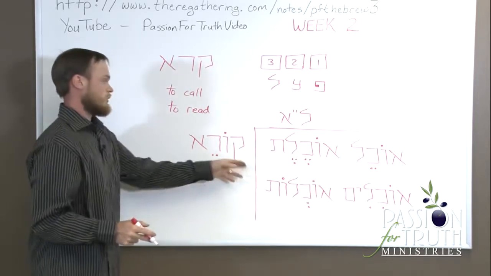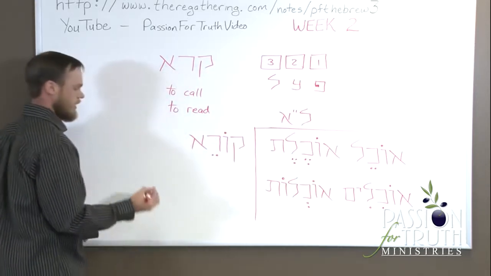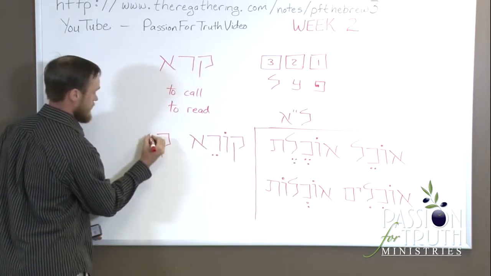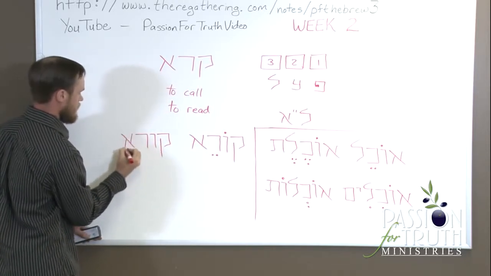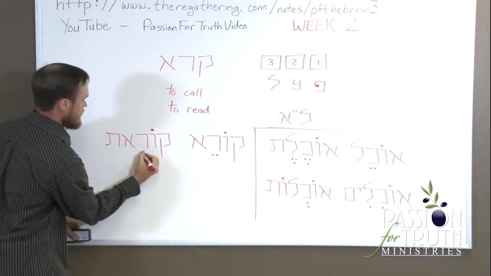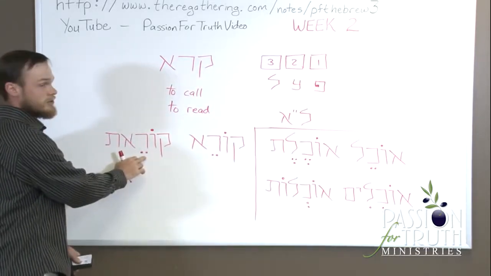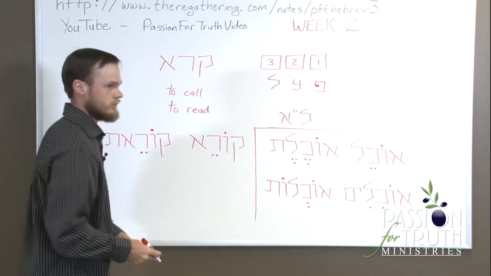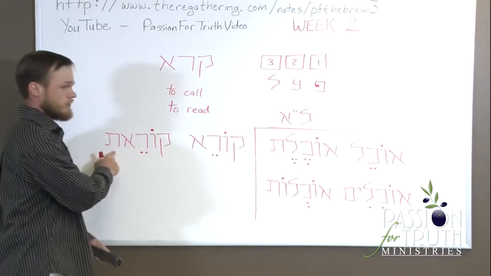So koreh: he is calling or he is reading. The only form in lamed aleph that changes in the active participle is the feminine singular. It's spelled with the same letters, but instead of a segol, like in ochelet, we keep a tzera here. So it becomes koreit instead of kore'et: no vowel under the aleph, and we go right into the tav.